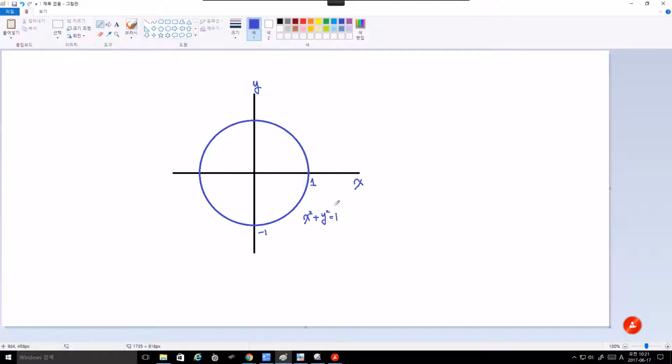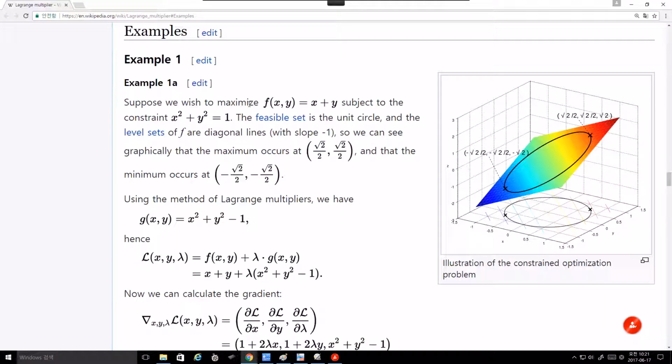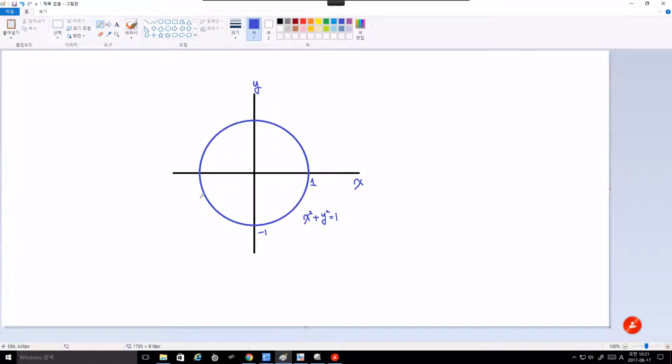And then we want to find the maximum of x plus y subject to this circle.